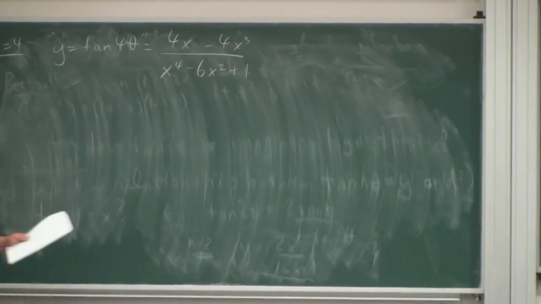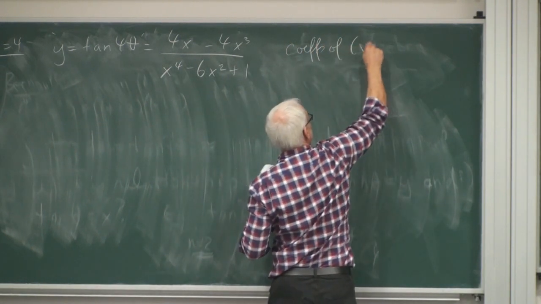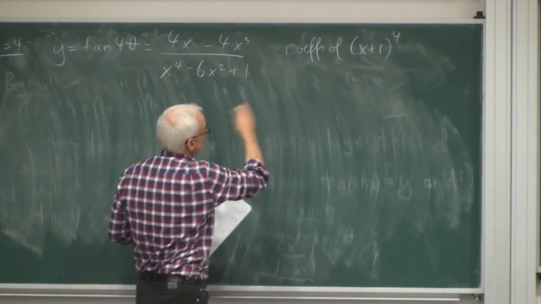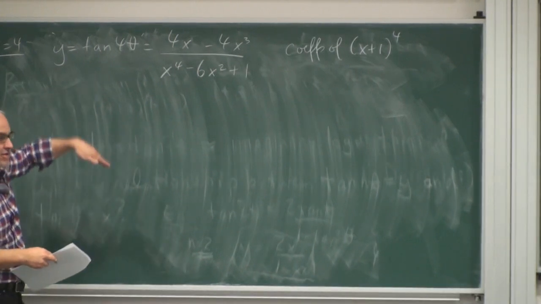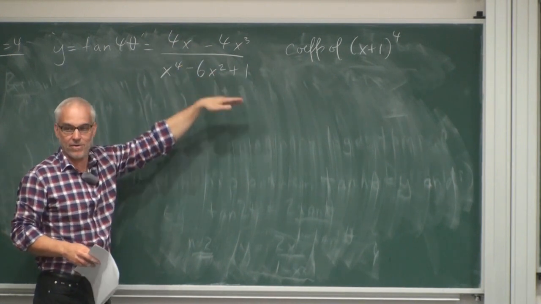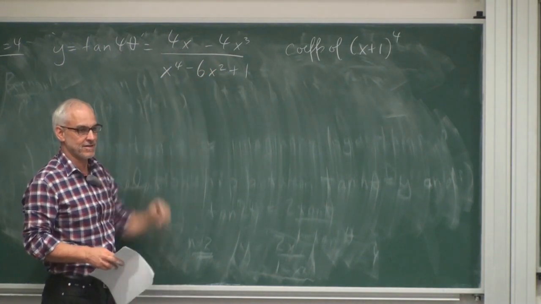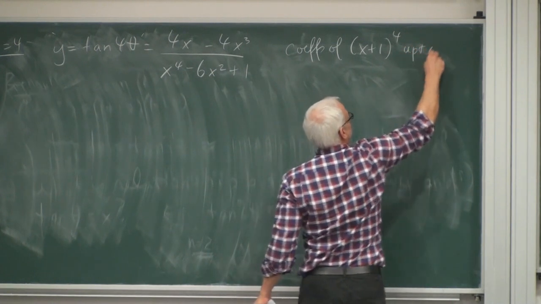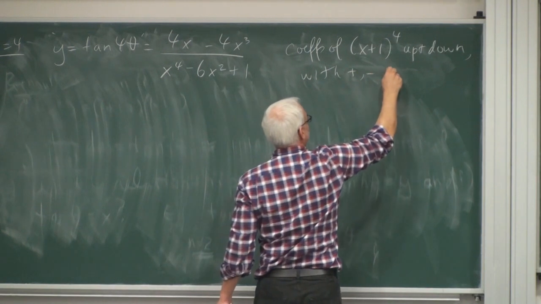And I've written it that way so that you can see that it's the coefficients of x plus 1 to the 4th, interspersed here, then here, then here, alternating up and down, with minus signs going across. So every term alternates, up and down, with plus and minus signs.